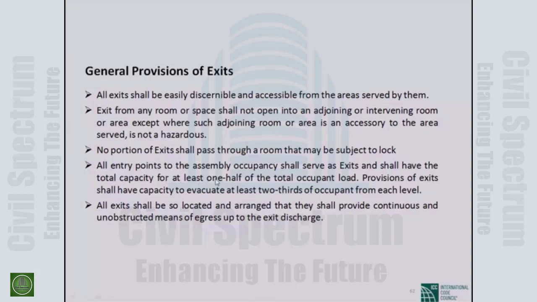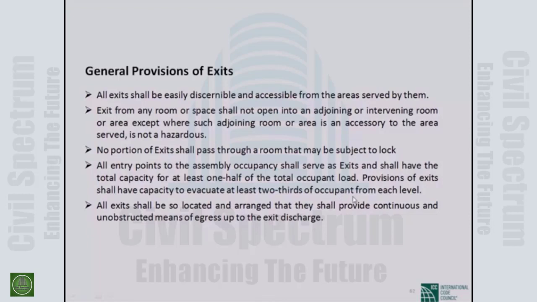All entry points to an assembly occupancy shall be served as exits and shall have a total capacity for at least one half of the total occupant load. So you have to be careful about this exit. Every exit should have that capacity so that half of the population can pass through any exit. Provision of exit shall have capacity to evacuate at least one third of the occupants from each level.